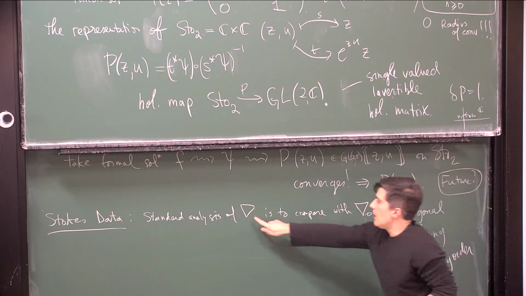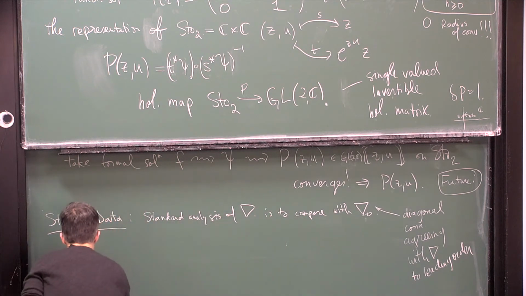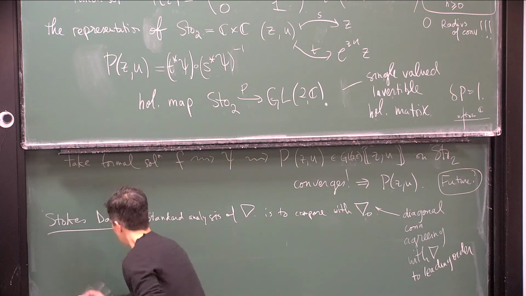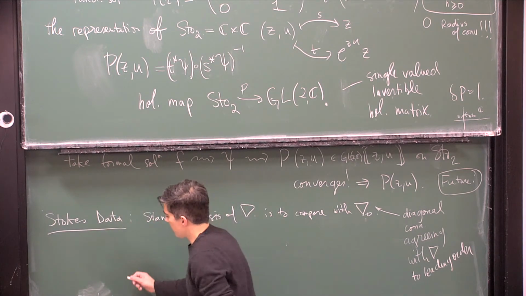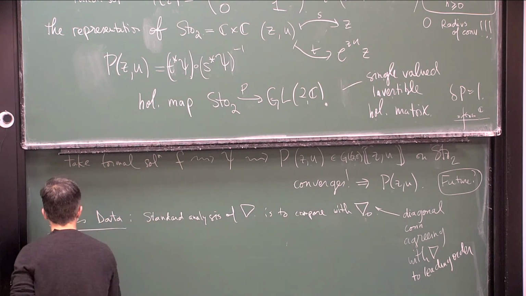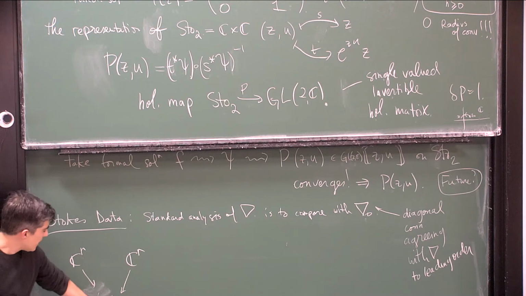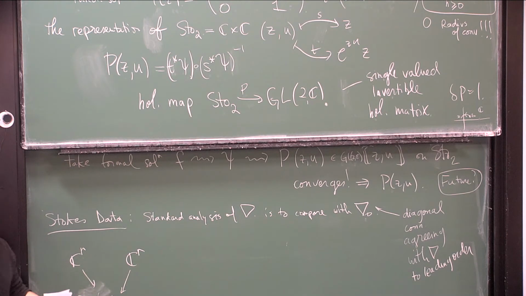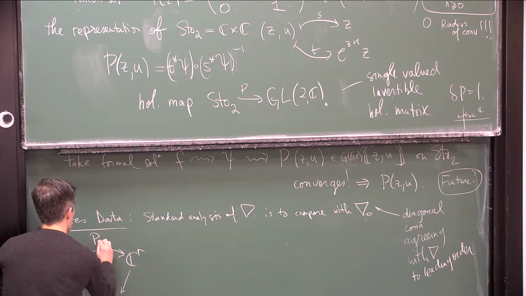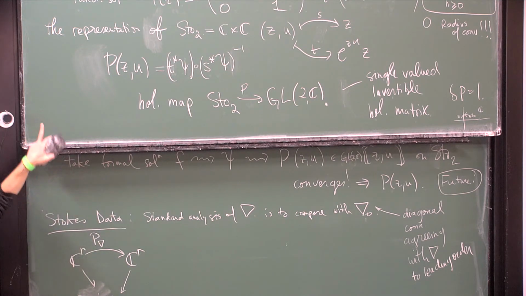Now, this means that if I have my groupoid here, pi so 2, and I have my c to the r, for every arrow in the groupoid I have a matrix, which we called P, and I'll put a subscript nabla, because this is the representation for the connection nabla.